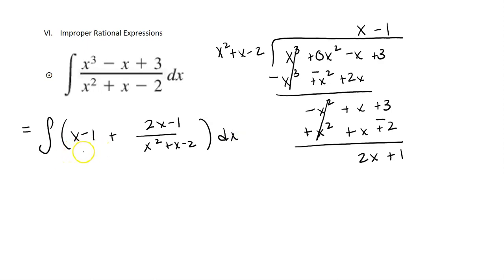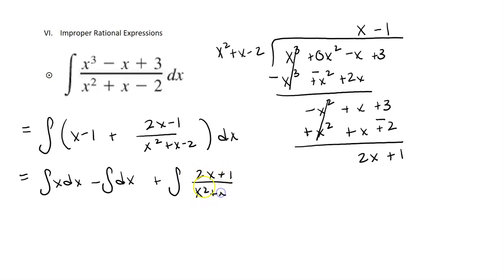Now these two pieces are going to integrate just like you expect them to. The integral of x dx minus the integral of 1 dx, and then plus the integral of 2x plus 1 over x squared plus x minus 2.